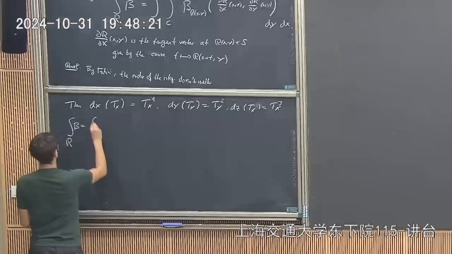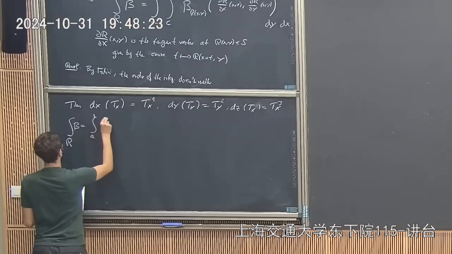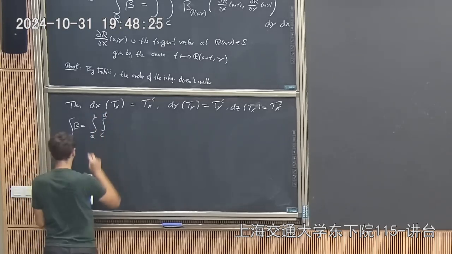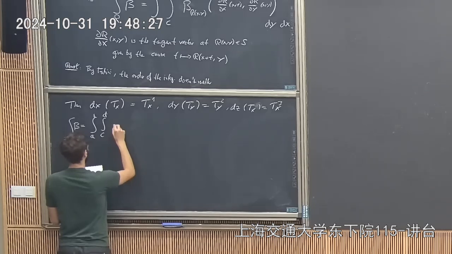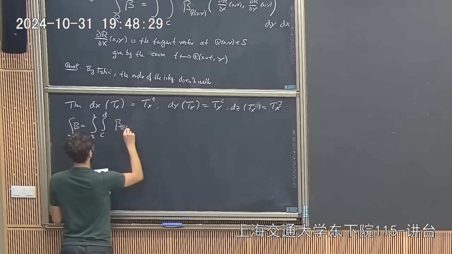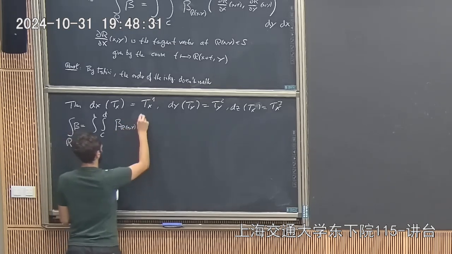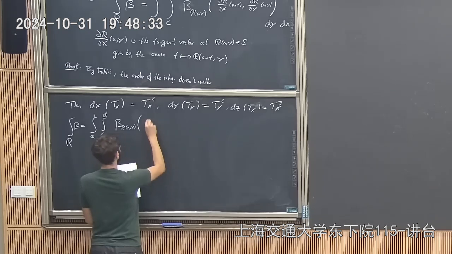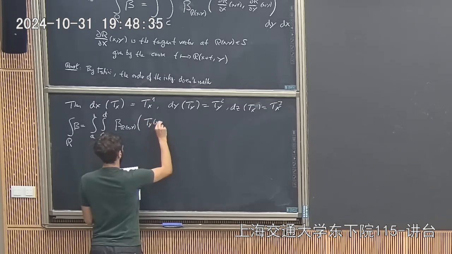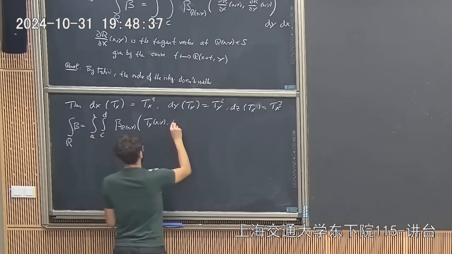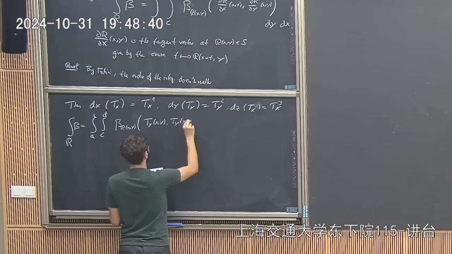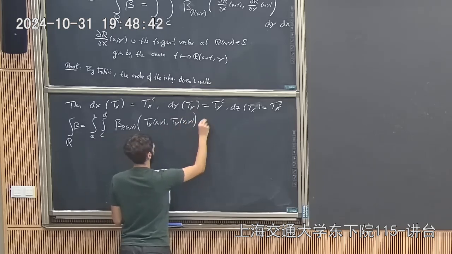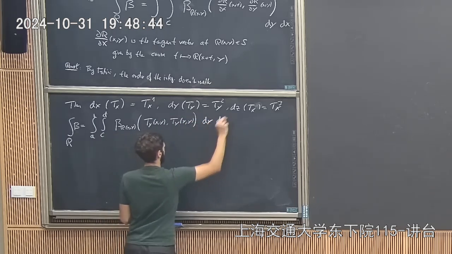What we get is the integral over [a,b] times [c,d] of beta evaluated here, and then we have to insert Tx at that point, Ty at that point, and then integrate dy and dx again.